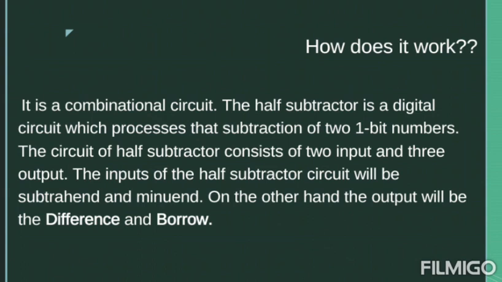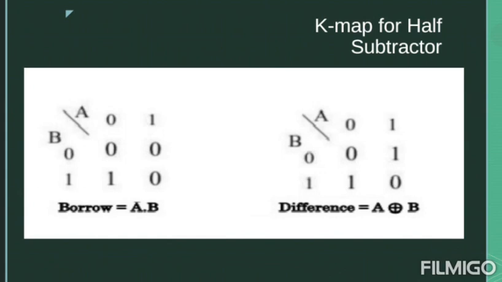So next is the Karnaugh map of the half subtractor. Normally, what is the definition of a Karnaugh map? It is the minimized form of the Boolean expression, and it is a graphical representation of the Boolean expression. So what are the rules for the Karnaugh map? It is grouping.